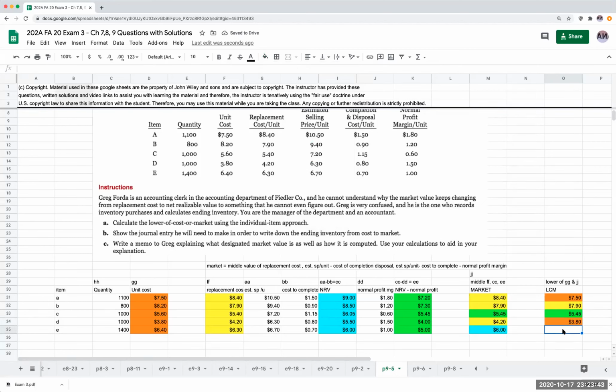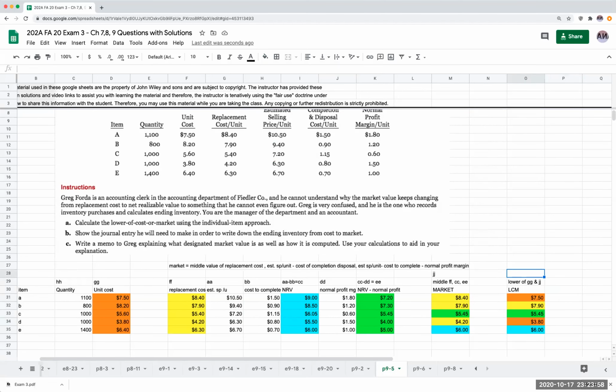Down here, the lower of cost or market is the $6. Using an individual item approach, I take the quantity and multiply it through for each of these items.